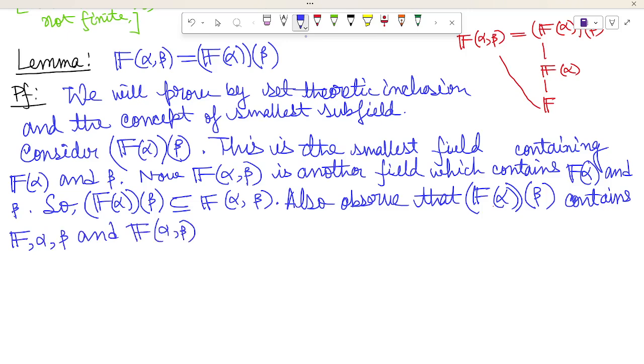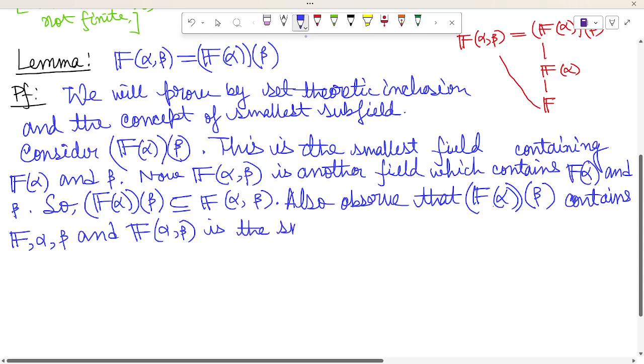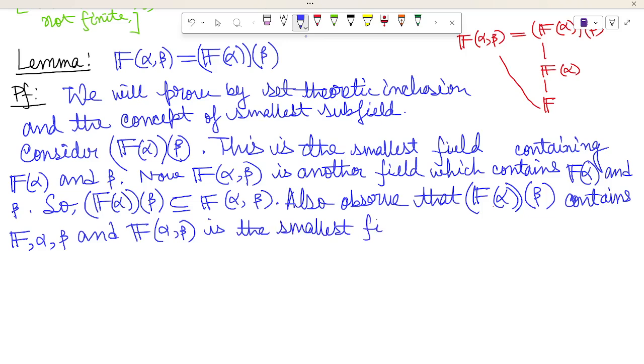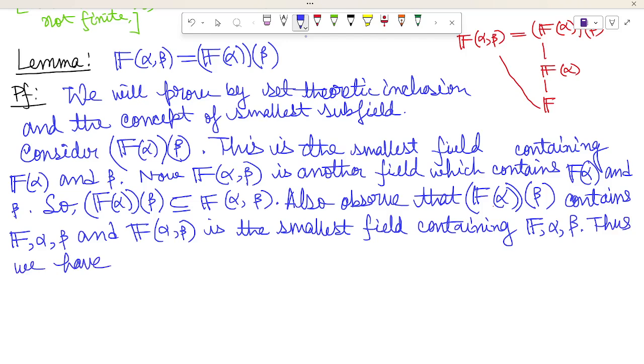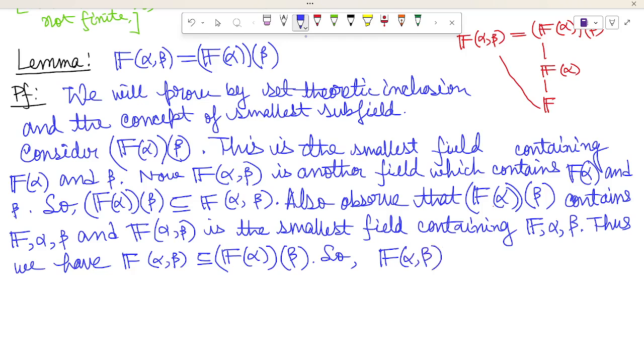It is the smallest field by definition. Thus, we have, totally, the equality occurs.